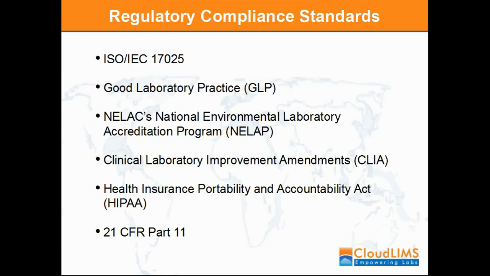Now, what are the requirements for ISO 17025 certification? First and foremost, the technical competence of technicians performing lab tests is an important factor which governs the accuracy of test results. A lab workspace should be organized so that various activities such as sample preparation, extraction, and analysis are spatially segregated.